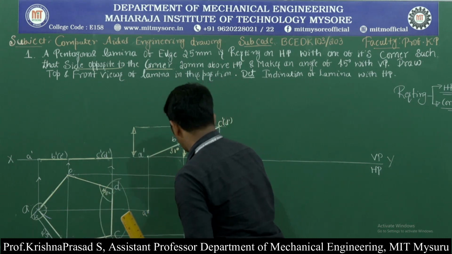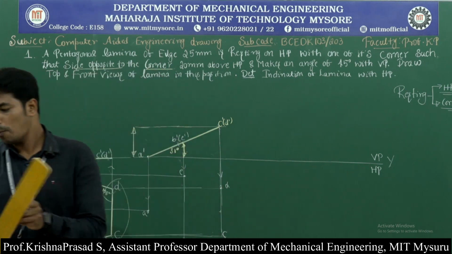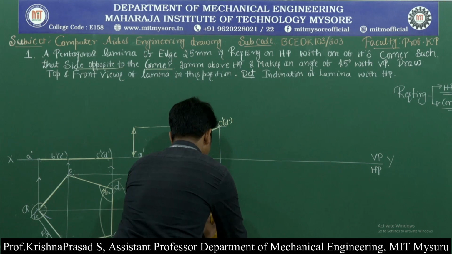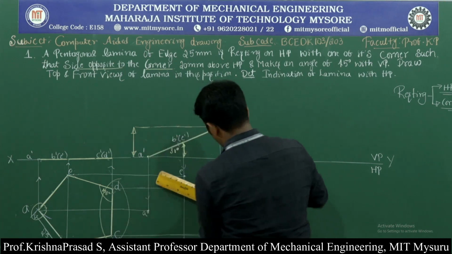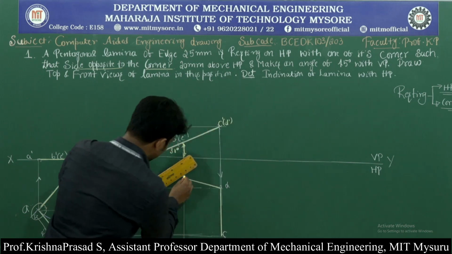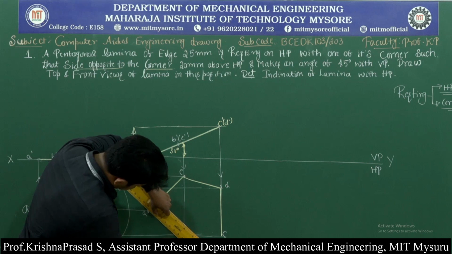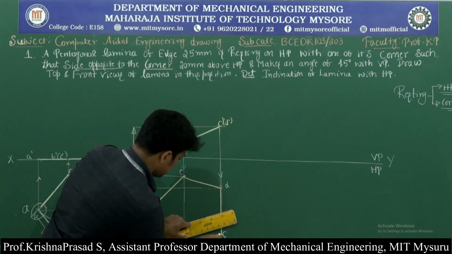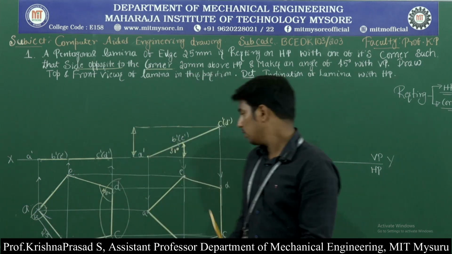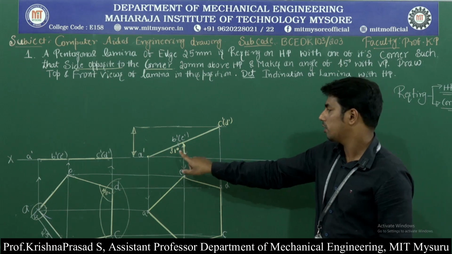Okay, so now we have projected all the 5 corners on the top view. Next, just complete the drawing by joining the darkened lines. Okay, so this is called the pentagonal lamina after surface inclination of 31 degree.